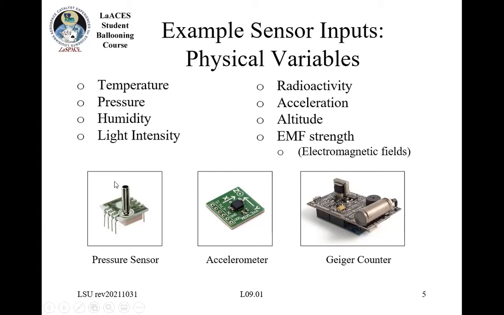And this pressure sensor right here is the old pressure sensor that we used to use in this course. It has now become obsolete and you can't buy them anymore. This example right here is a 3-axis accelerometer. So it'll measure the acceleration of this little chip in 3 different directions. And you can see the X, the Y, and the Z axes indicated on the board that it's soldered to.